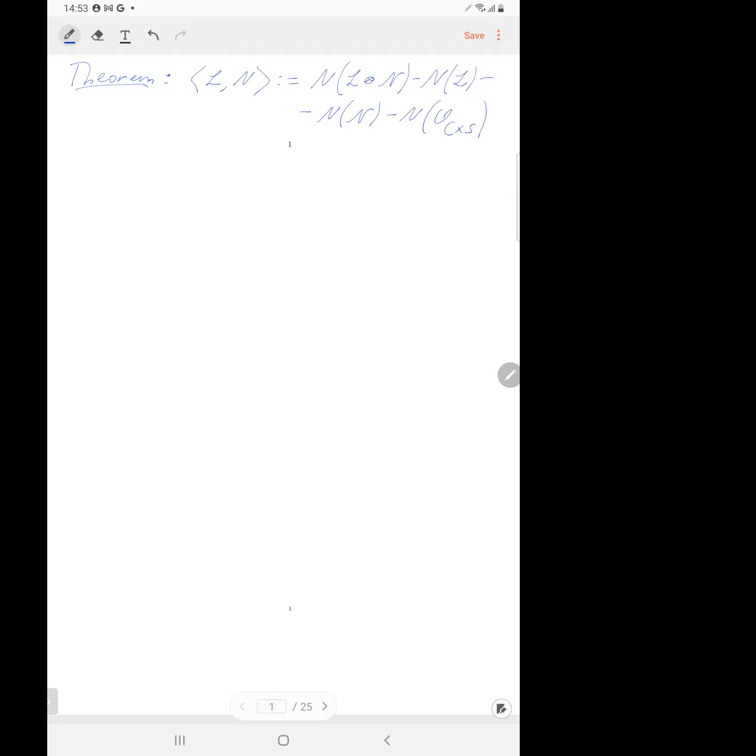And the claim is that this is bi-additive, well, bilinear, and the defect of a line bundle is just 1/2 of its pairing with itself. Okay, and we started proving it.